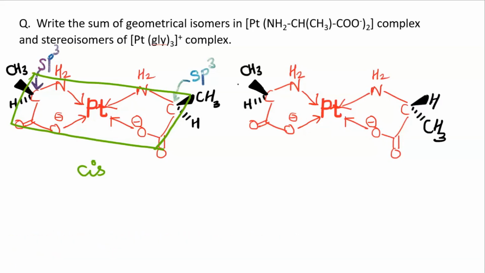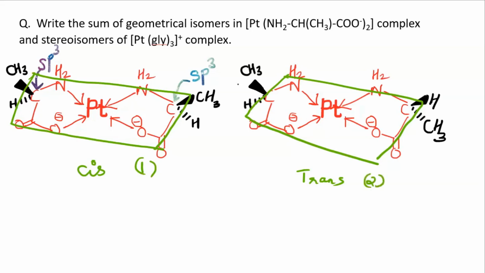If you consider a plane like this, one CH3 can go up and one CH3 can go down. So this will be the second form, the trans form. So we have got two geometrical isomers.